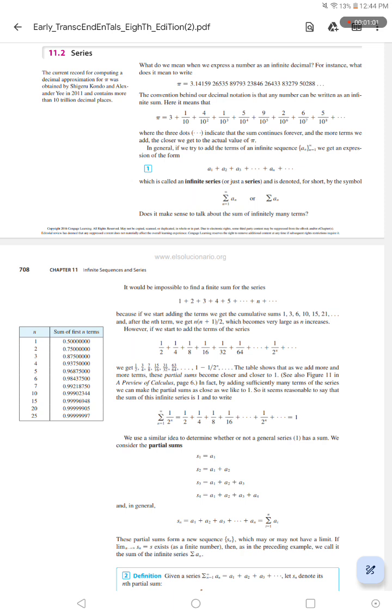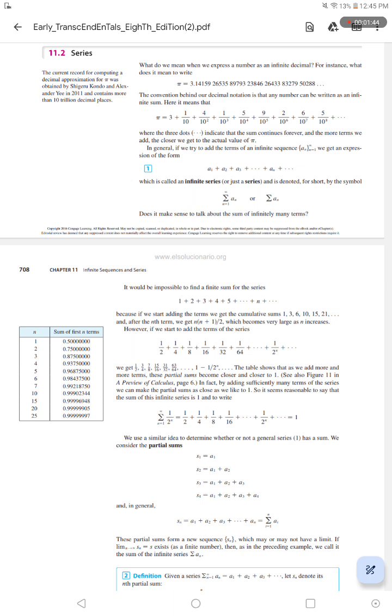Here, it means that pi equals 3 plus 1 over 10 plus 4 over 10 squared plus 1 over 10 cubed plus 5 over 10 to the 4th power plus 9 over 10 to the 5th power and so forth, where those 3 dots indicate that the sum continues forever. And the more terms we add, the closer we get to the actual value of pi.